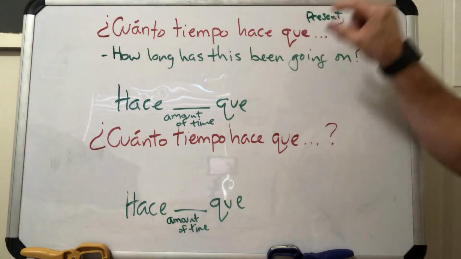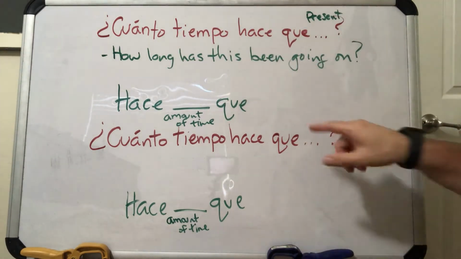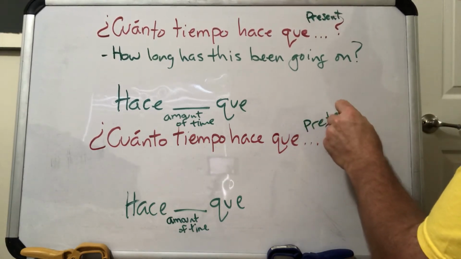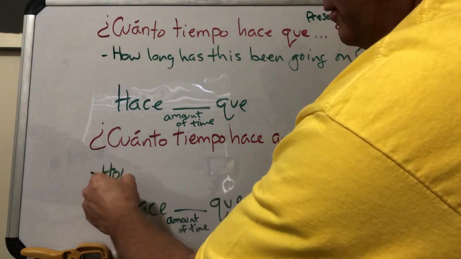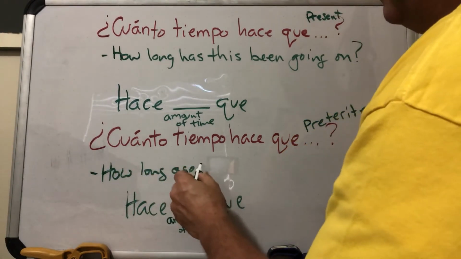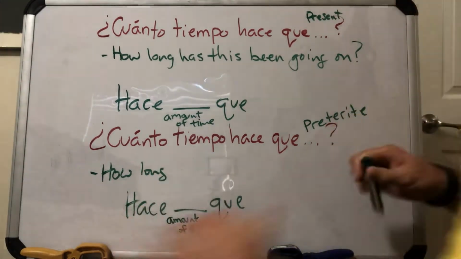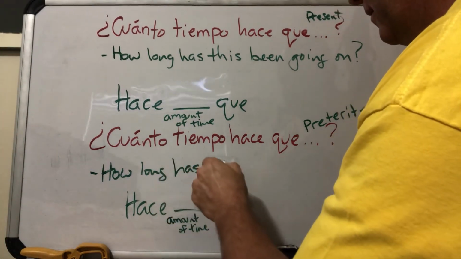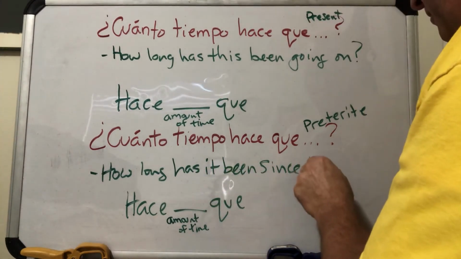All right? So the present tense is when we are talking about what's been going on, how long it's been going on. If the verb that comes next is in the preterite tense or a past tense, then the question is, how long ago? Let's do this. How long has it been since this happened?